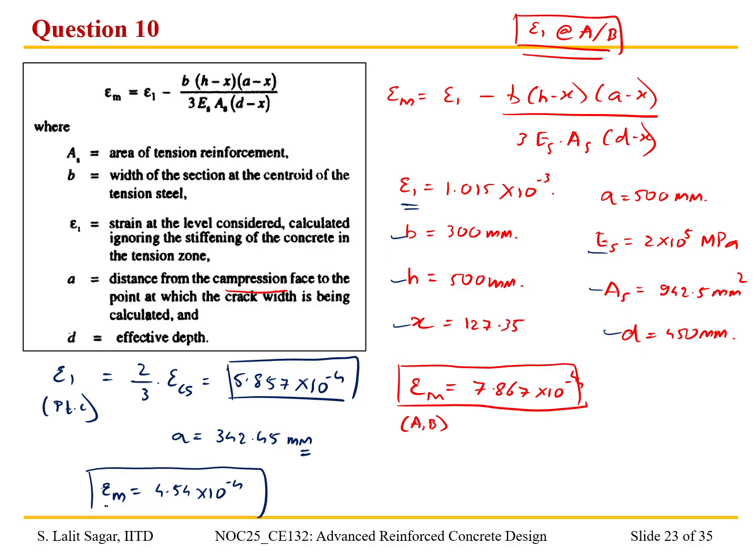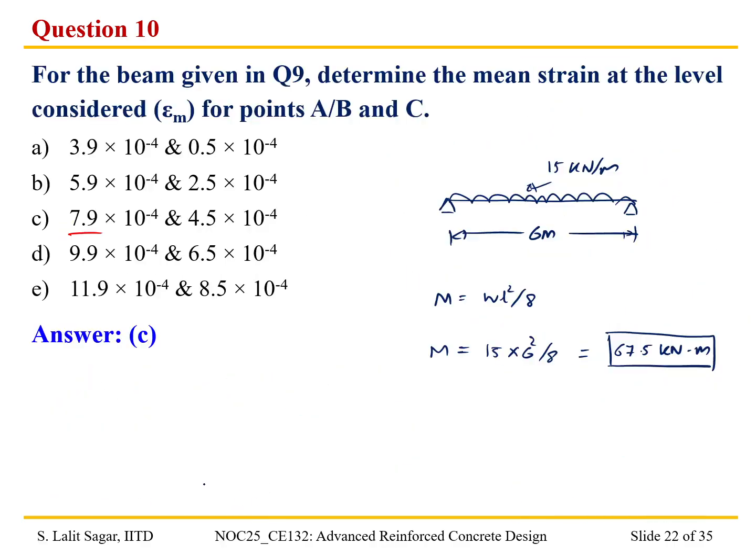Okay, so actually for points A and B, the value of epsilon m is 7.9 into 10 to the power minus 4, and for point C, the value of epsilon m is 4.5 into 10 to the power minus 4. Therefore, option C is the correct response.